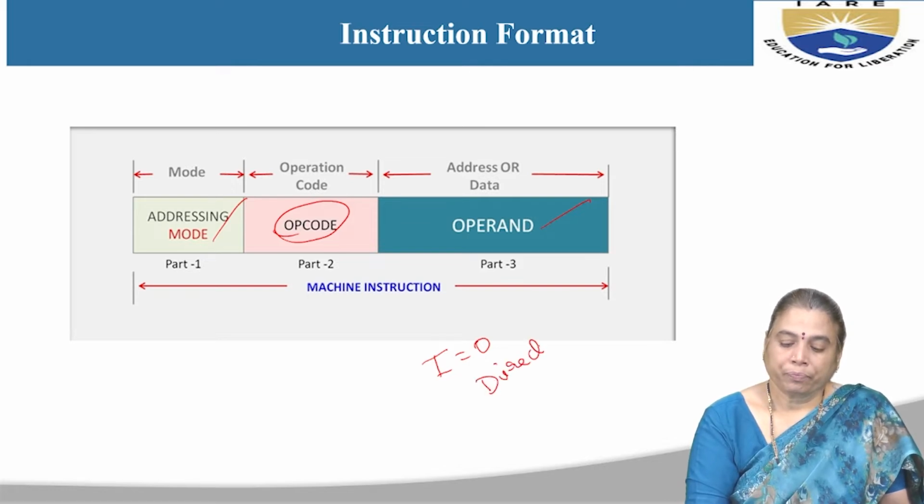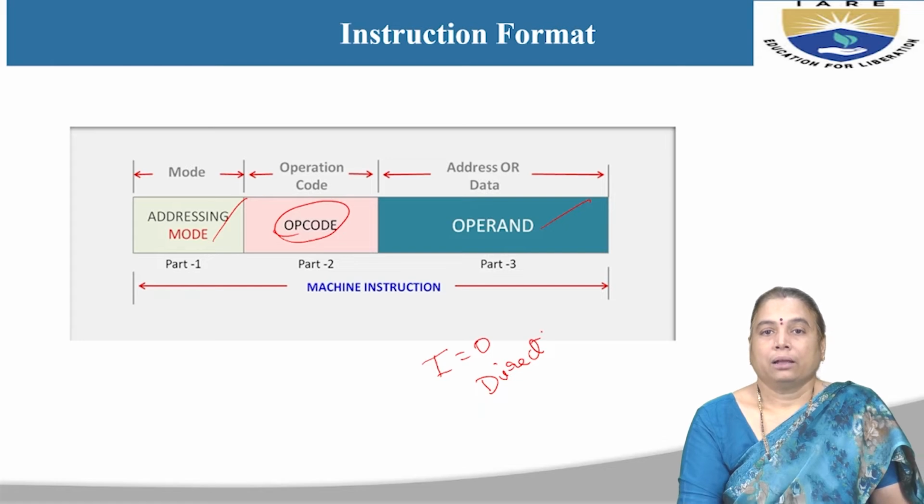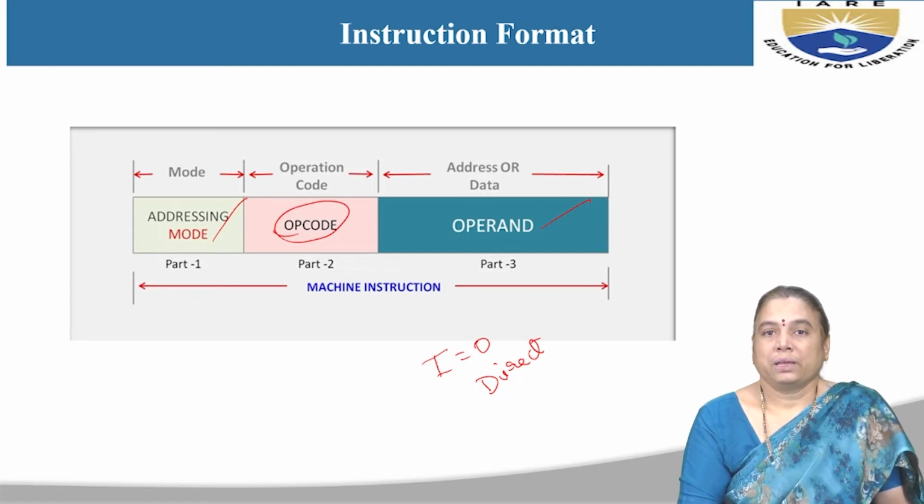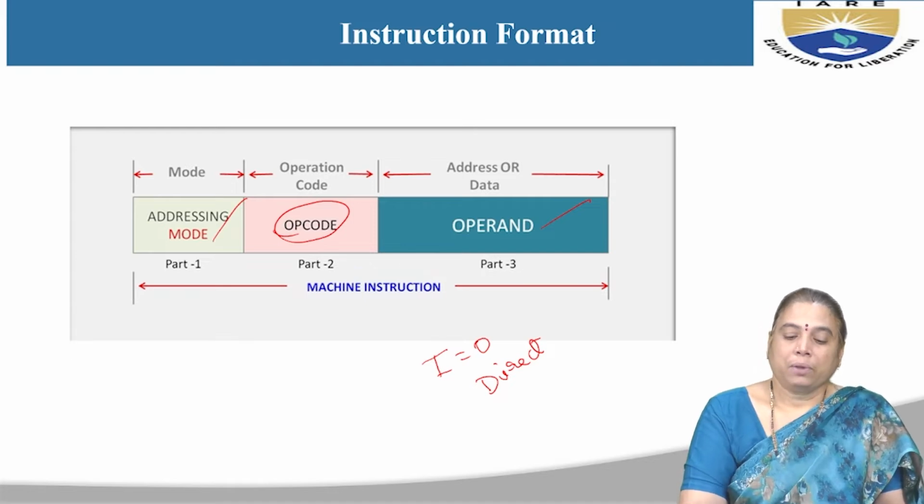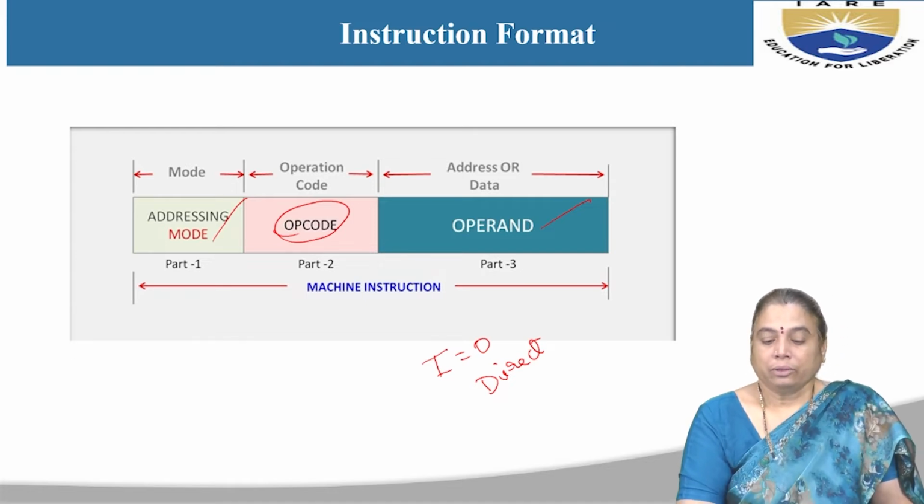That means the operand is readily available in the memory at the specified address in the instruction, and the opcode operation is applied on this address.